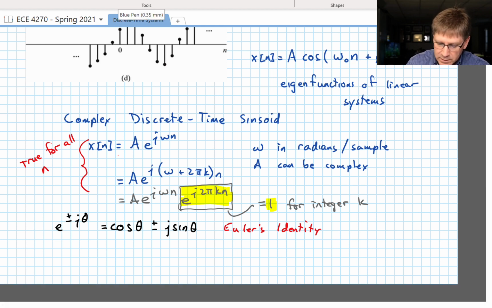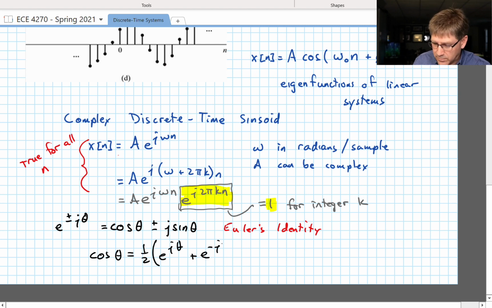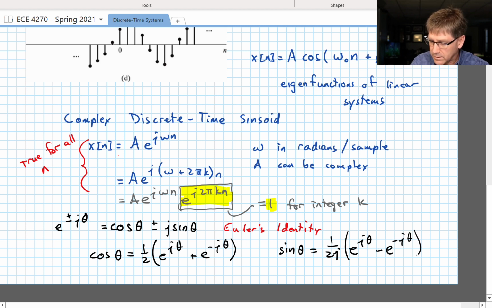Now, the other side of Euler's identity is cosine theta is equal to 1/2 times e to the j theta plus e to the minus j theta, and sine of theta is equal to 1 over 2j times e to the j theta minus e to the minus j theta.